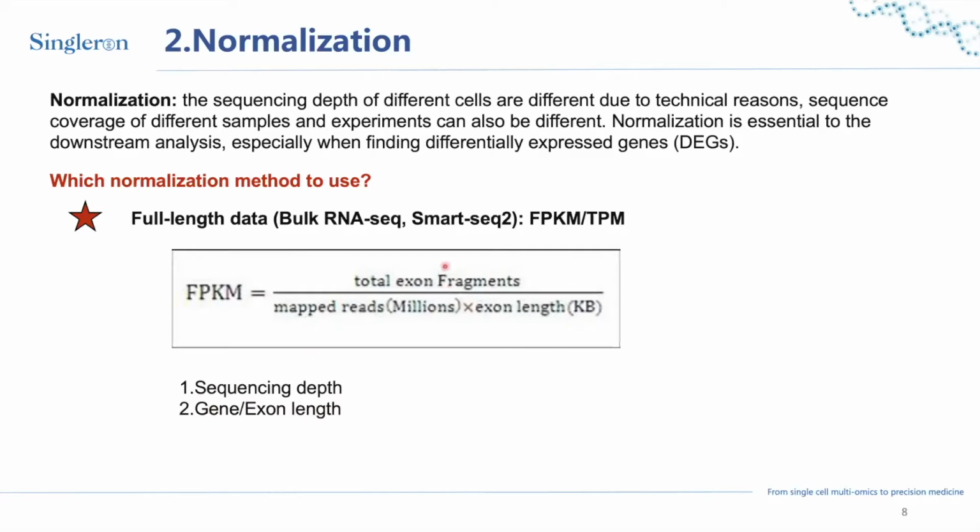So here I would suggest you use FPKM or TPM for the normalization. For example, FPKM is calculated from the total exon fragments of that sample or cell in SMART-seq2, divided by the mapped reads of that sample or cell in millions, as well as the exon length in kilobases. And after that, we get the normalized data.